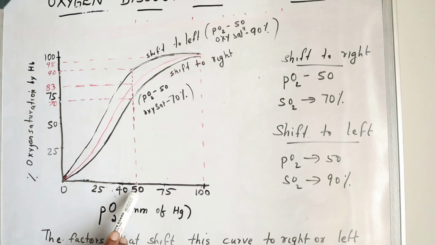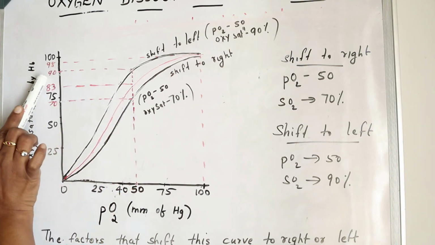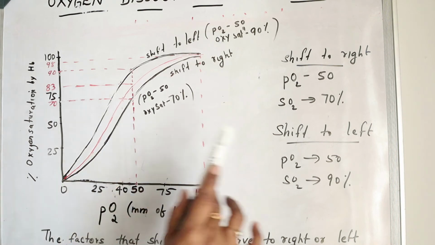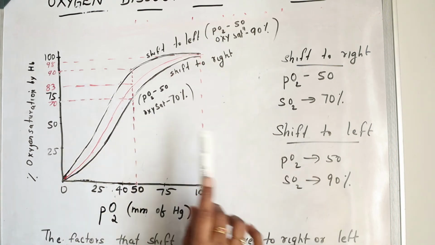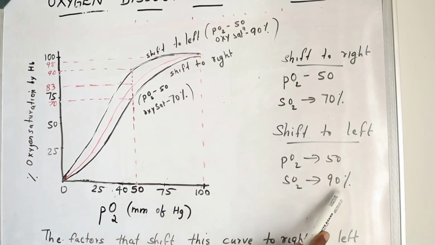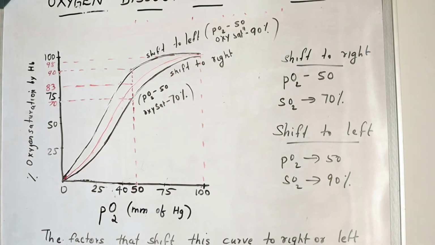So at a partial pressure of oxygen of 50 millimeters of mercury, we can see a rise in the oxygen saturation that reaches up to 90%. That is the shift to left: even though the partial pressure of oxygen is 50, we can see an oxygen saturation of 90%. Normal it is 83%.